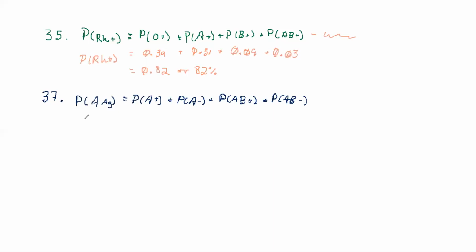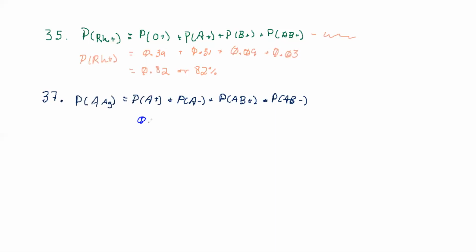Okay, so we have the setup now. This is all of the types that we have that have A antigens in them. Let's just go ahead and fill in the numbers that we have.